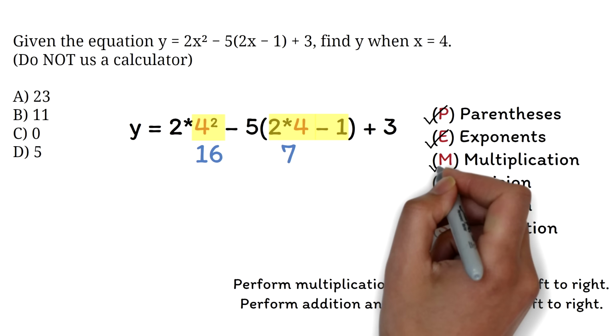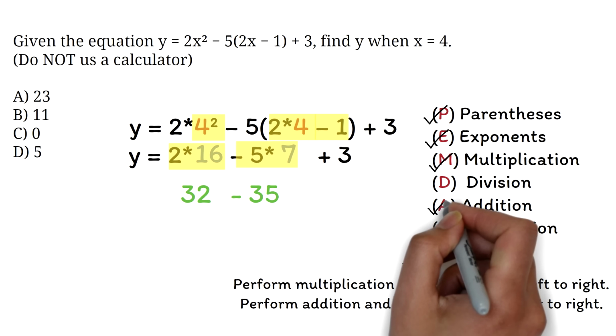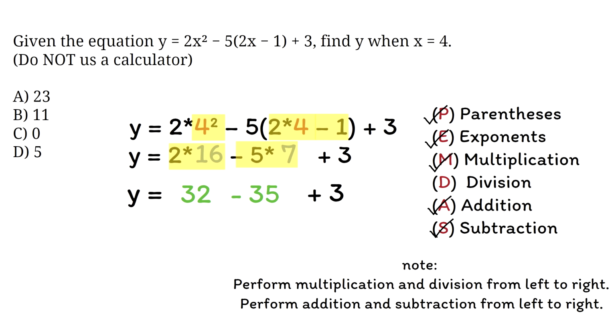Next, we will do all the multiplications. We have 2 times 16. This is 32. Then we have 5 times 7. This is 35. Then finally we will do the addition and subtraction. 32 minus 35 is -3. Plus 3 is 0. So the correct answer is option C, 0.